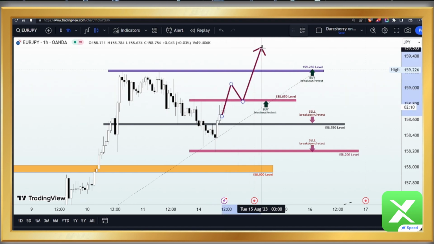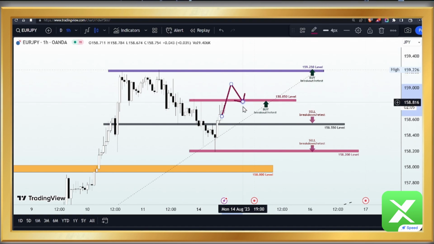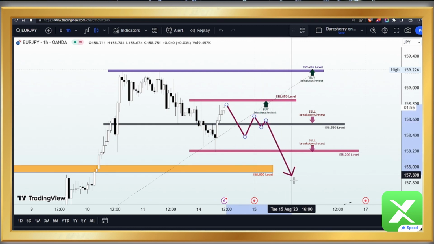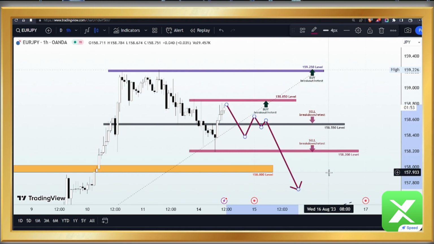A further breakout of the 159.250 will welcome more buying opportunities, while we are using the 158.550 and the ascending trend line here to guide any selling opportunities, where a further breakdown of the 158.200 and the 158.00 level will be welcoming more opportunities to sell the EURJPY for today. So these are my views here on the EURJPY.